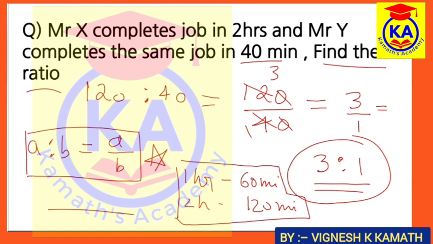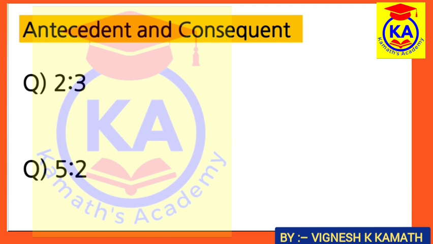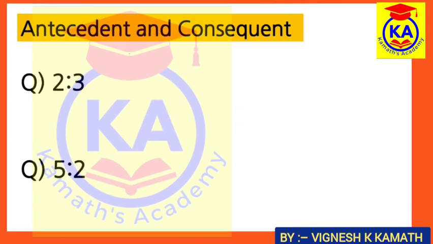Now I hope you got the knowledge of the two quantities of same kind. Let's move on with the next concept, antecedent and consequent. We'll consider a fraction a by b. This is the numerator, and this is the denominator.